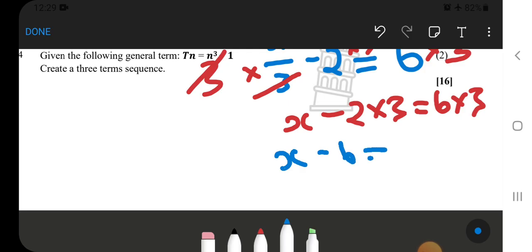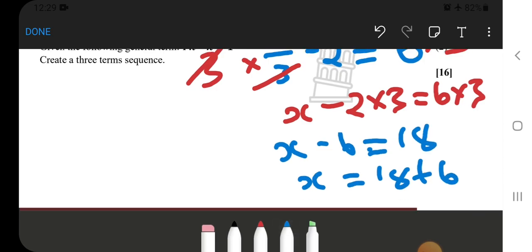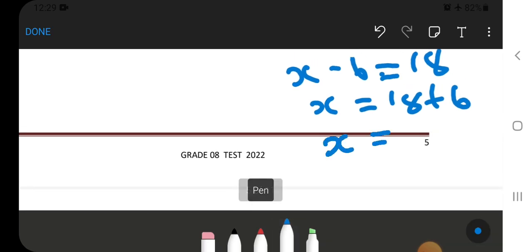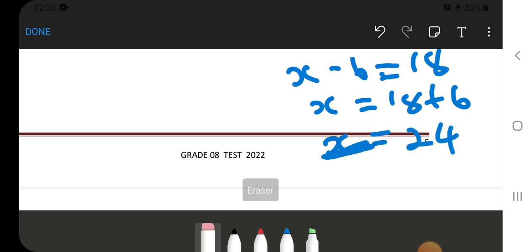And then 6 multiplied by 3, that will give us 18. So X equals to 18 plus 6. So X equals to, what is 18 plus 6? That gives us 24. Okay, so meaning A is 24.